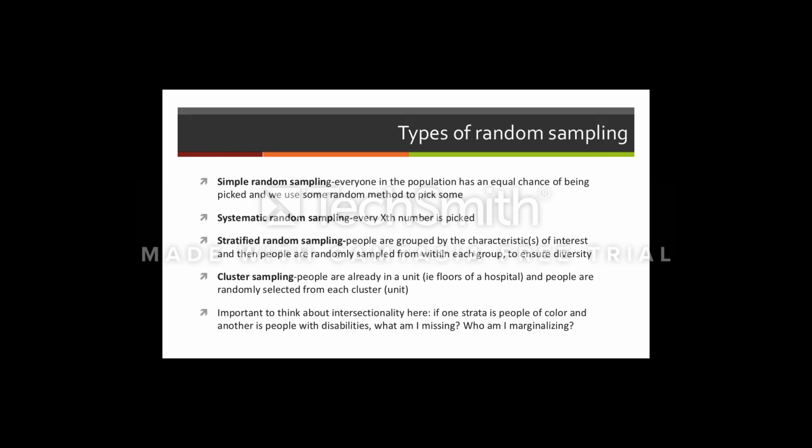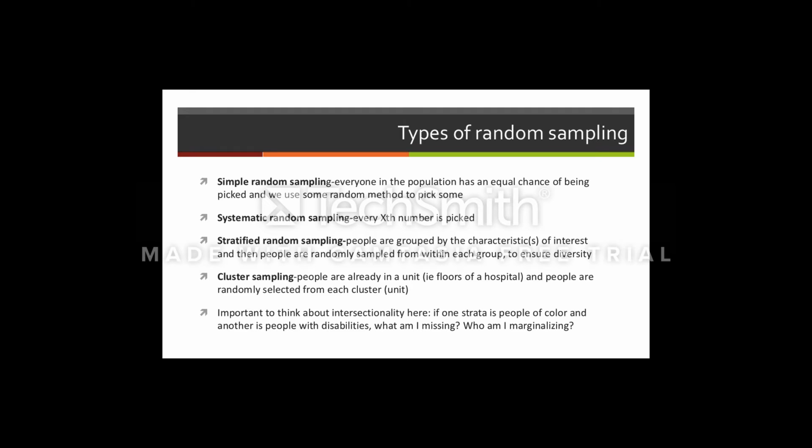So if I was interested in gender differences, I would group all people who identify as male, all people who identify as female, all people who identify as non-binary, and all people who identify in another way. So I would have 4 groups, and then I would randomly select people from within each group. Within the group of people who identify as male, I would randomly select from that strata, or group, and invite some men to participate.